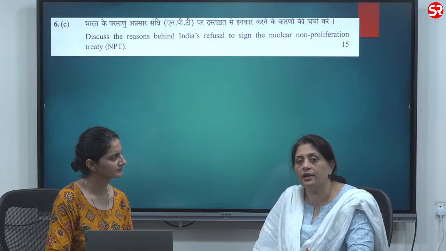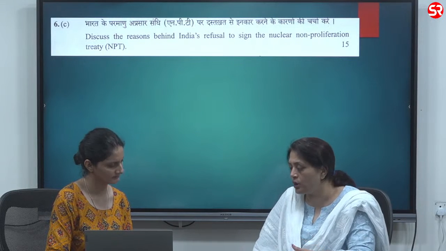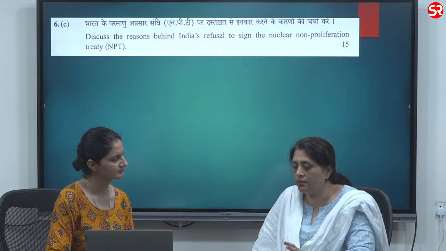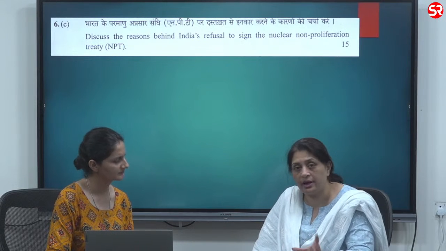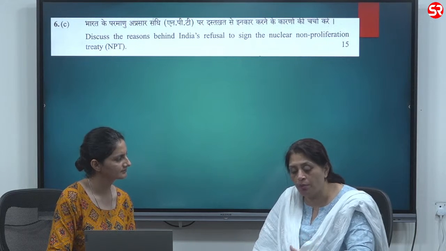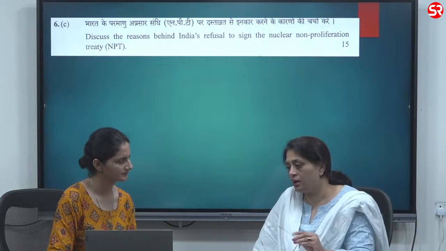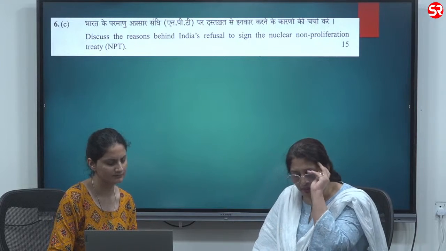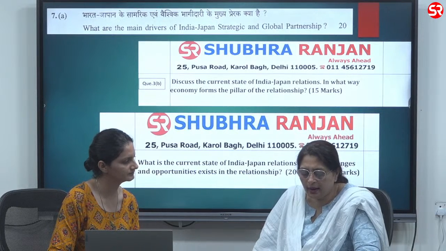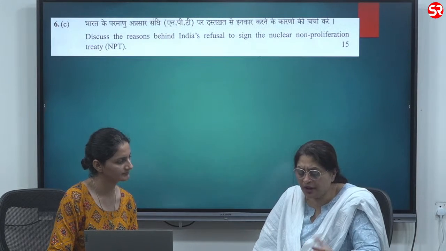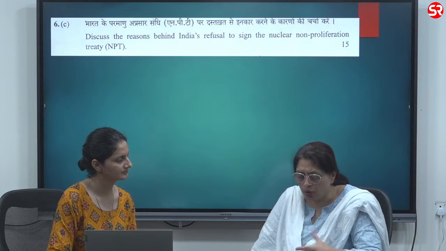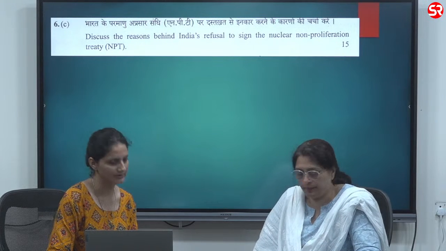It creates a world of haves and have-nots, and the disarmament pillar is very weak, and India has always favored time-bound comprehensive nuclear disarmament. So these are the main criticisms. But you could have also written that after the Indo-US Civil Nuclear Agreement, we are almost following the norms of NPT.